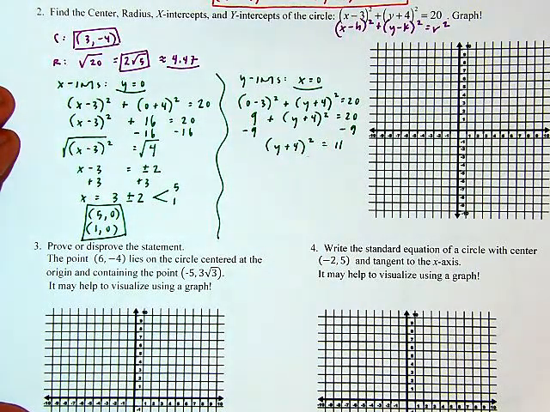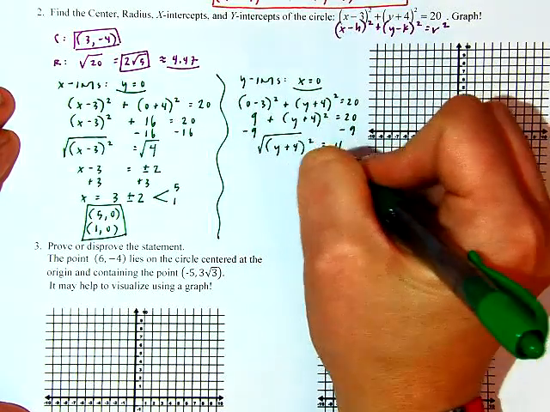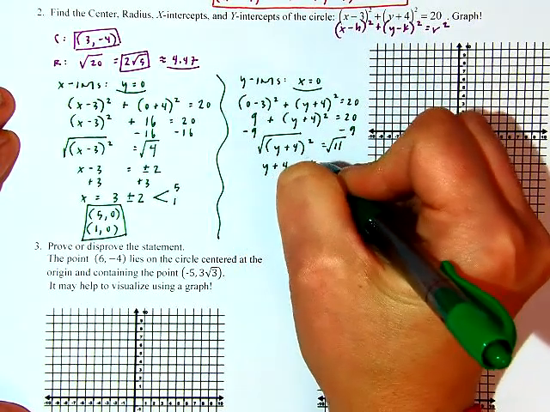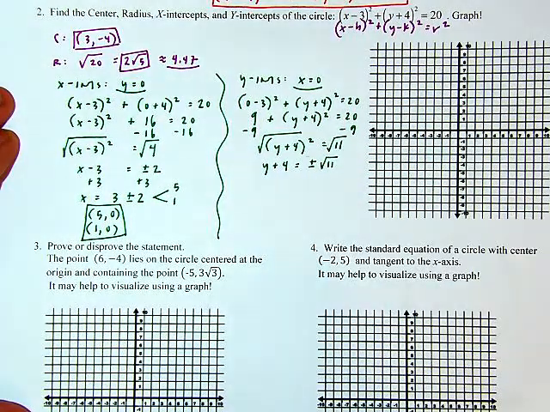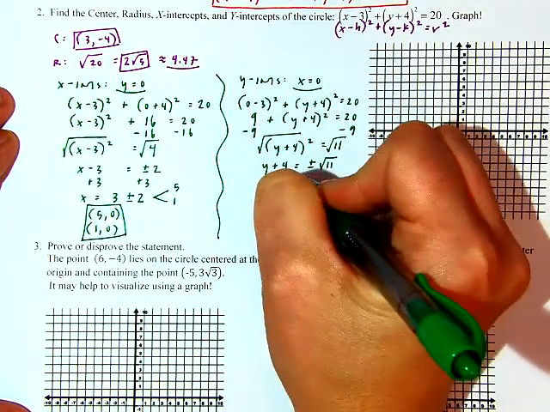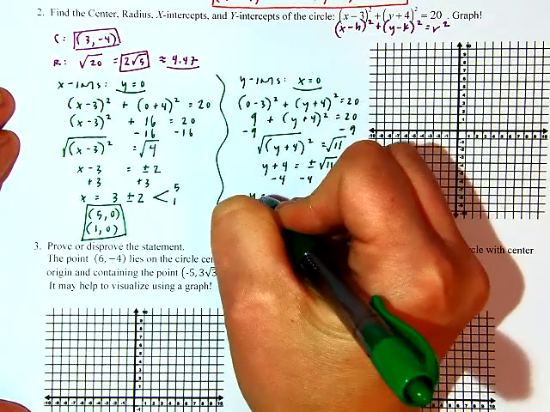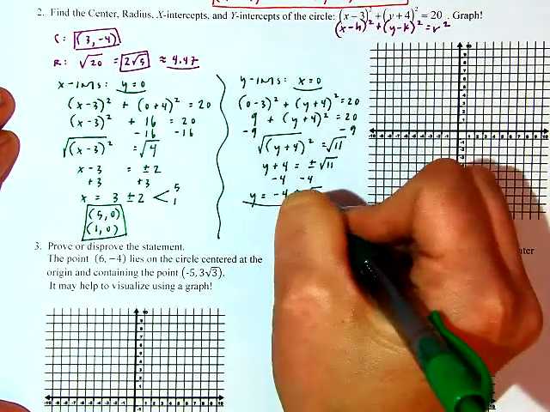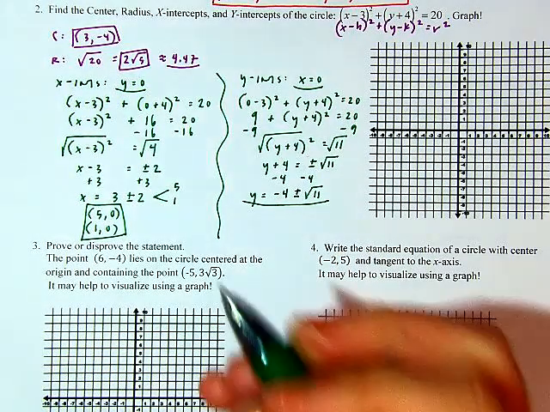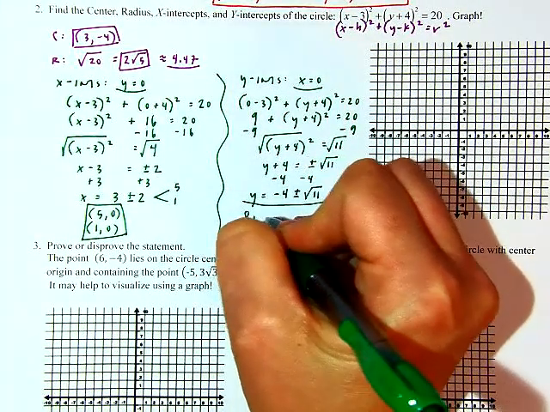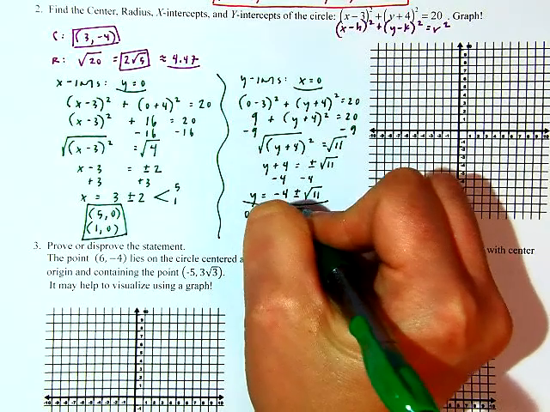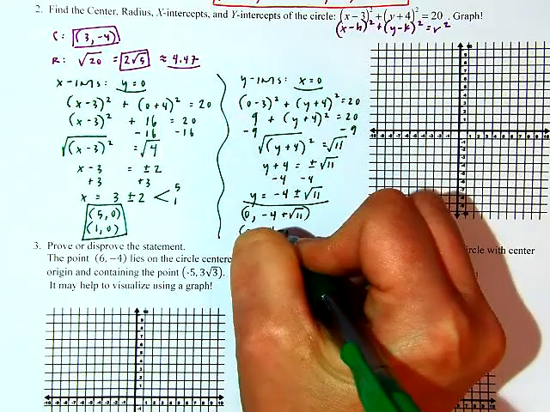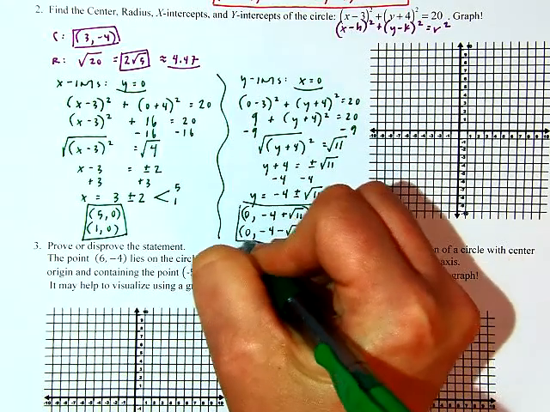Okay, I'm ready to solve by taking the square root. So now I have y plus 4 equals plus or minus the square root of 11. And then take that 4 away from each side. So y equals negative 4 plus or minus the square root of 11. So if I write those as points, I have 0, comma, negative 4 plus the square root of 11, and 0, comma, negative 4 minus the square root of 11.